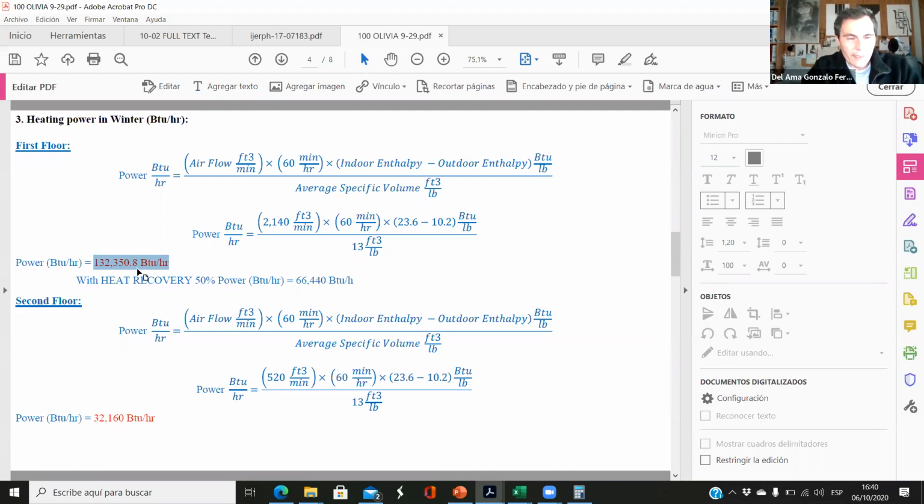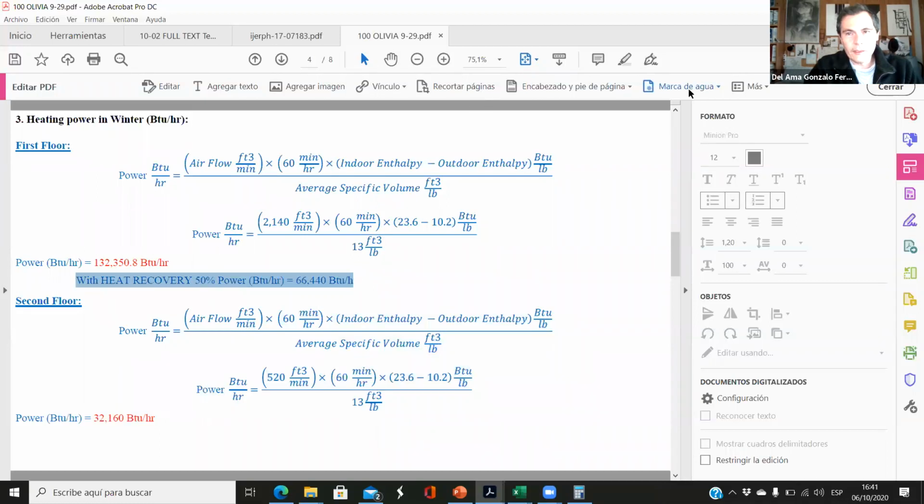Okay, that means that we are working with this heat recovery. We are using only half the energy that I need. Okay, so it makes sense, and it's worth it. Okay, it's worth using heat recovery because I'm saving half the energy that we need for ventilation, and that's a lot.